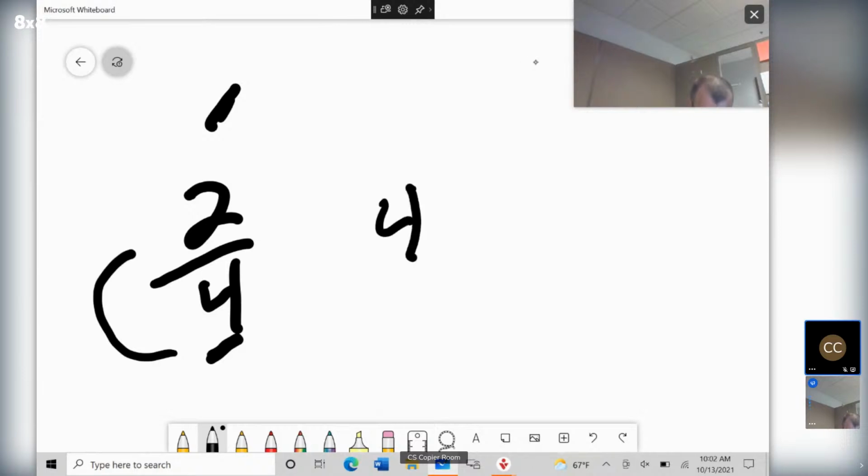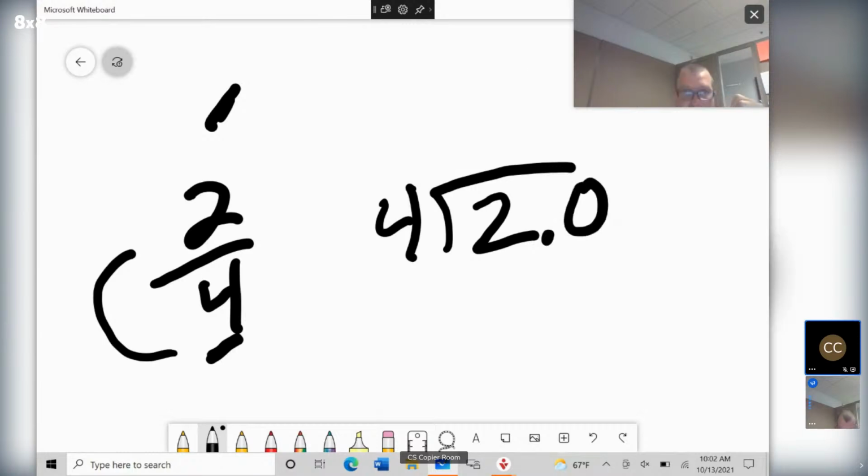So we put it like this. And we know that 4 is bigger than 2, so we're going to have to add a 0. We put a decimal right by the 2 and put the 0 to the right of the decimal. We always want to put the 0 to the right of the decimal.